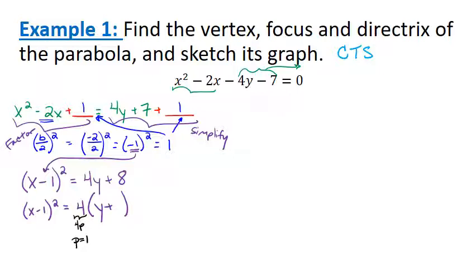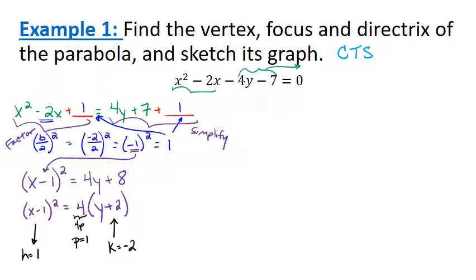From here, I can identify h is positive 1 and k is negative. Sorry, you probably noticed this should be a 2. My bad. Sorry about that. So that is a negative 2. Be cautious of the signs.